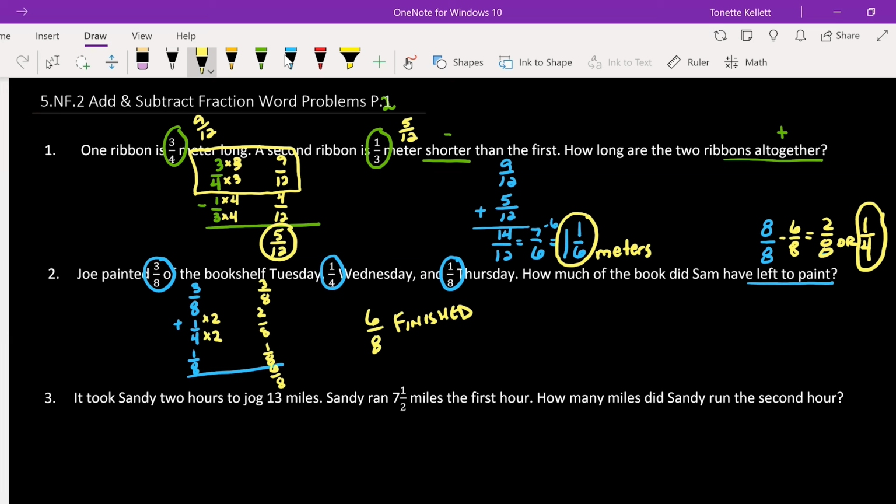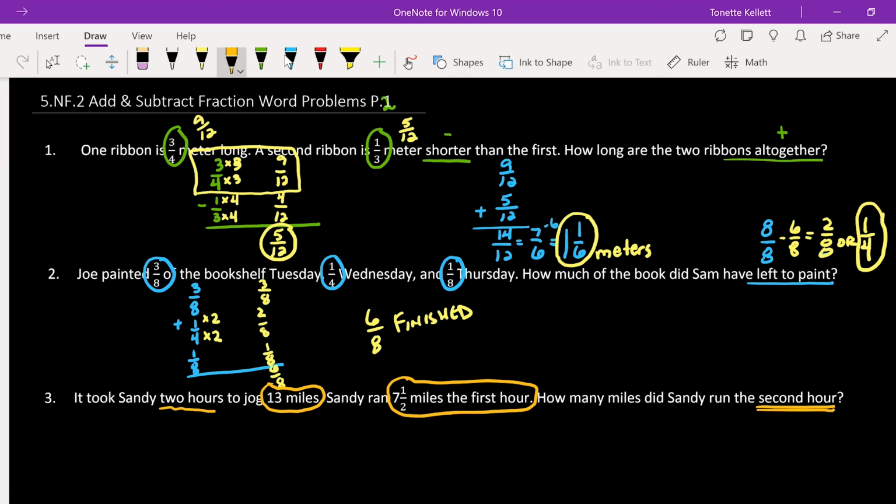Okay, let's do a last one here. It took Sandy 2 hours to jog 13 miles. Sandy ran 7.5 miles the first hour. How many miles did Sandy run the second hour? That's what we want to know.